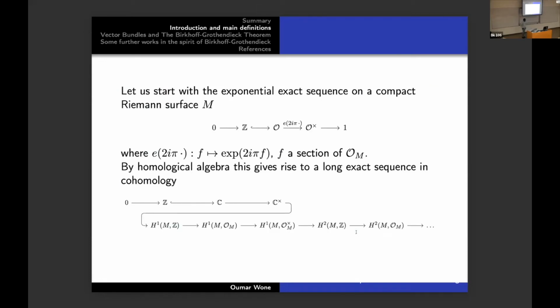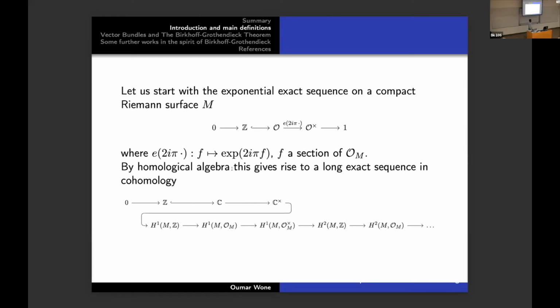Now, let us start with the exponential exact sequence on a compact Riemann surface. So this is standard. We have the sheaf Z, this is the sheaf of holomorphic functions on the Riemann surface, and this is the sheaf of non-vanishing holomorphic functions on M. And e^(2 i pi .) is given by f maps to exponential of 2 i pi f, where f is a section of O_M.